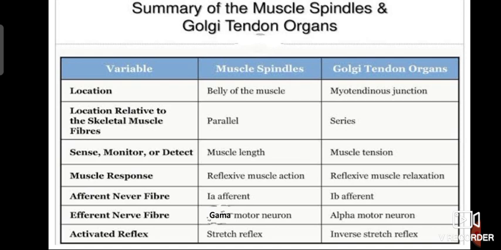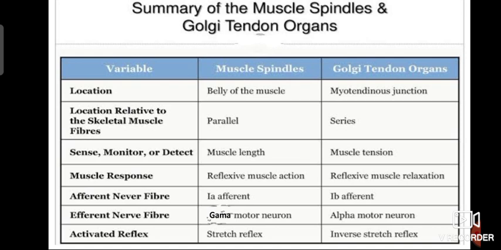Muscle spindle is present parallel to the extrafusal muscle fiber. Golgi tendon organ is present in series with the muscle fibers. Sense, monitor or detect: muscle spindle detects the muscle length, and Golgi tendon organ detects the muscle tension. Muscle response, reflexive muscle action: muscle spindle responds with reflexive muscle contraction. Golgi tendon organ responds with reflexive muscle relaxation.